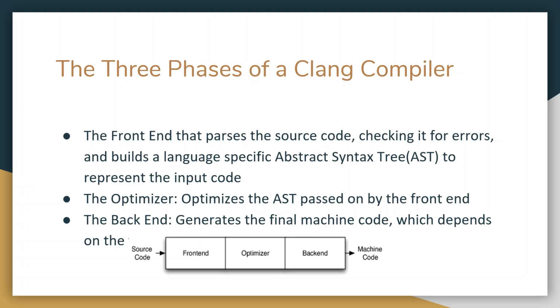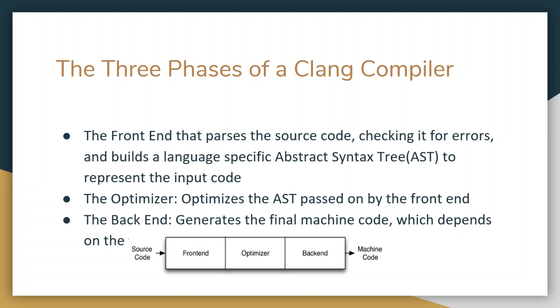Now, like many other compilers' design, the Clang compiler has 3 phases. The first phase is the front end that parses source code, checks it for errors, and builds a language-specific abstract syntax tree to represent the input code.